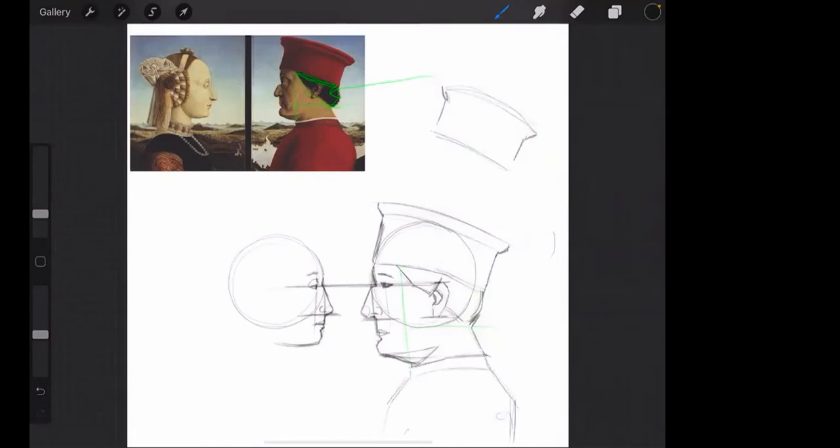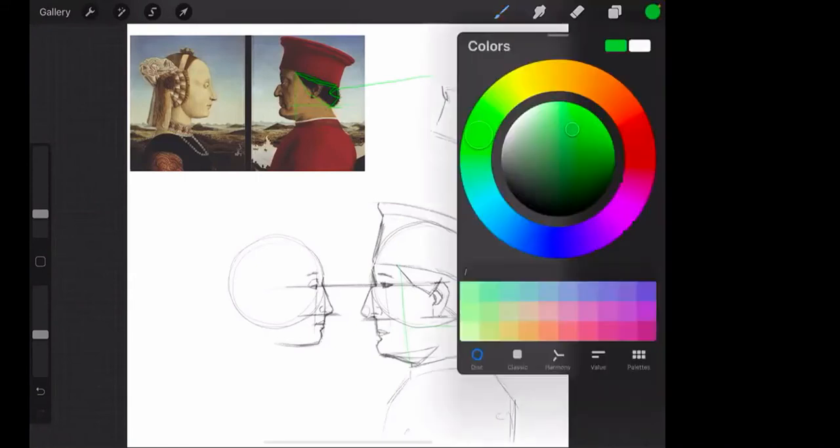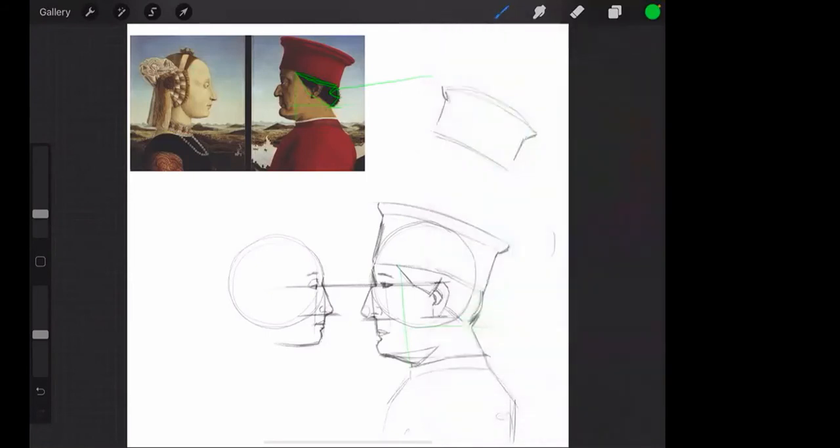And for the Duchess, you don't see an ear, but it looks like it's hidden in the hair accessory. You can also find the kind of big shape for the face. You can see kind of this shape. So draw it, just find the big shape.